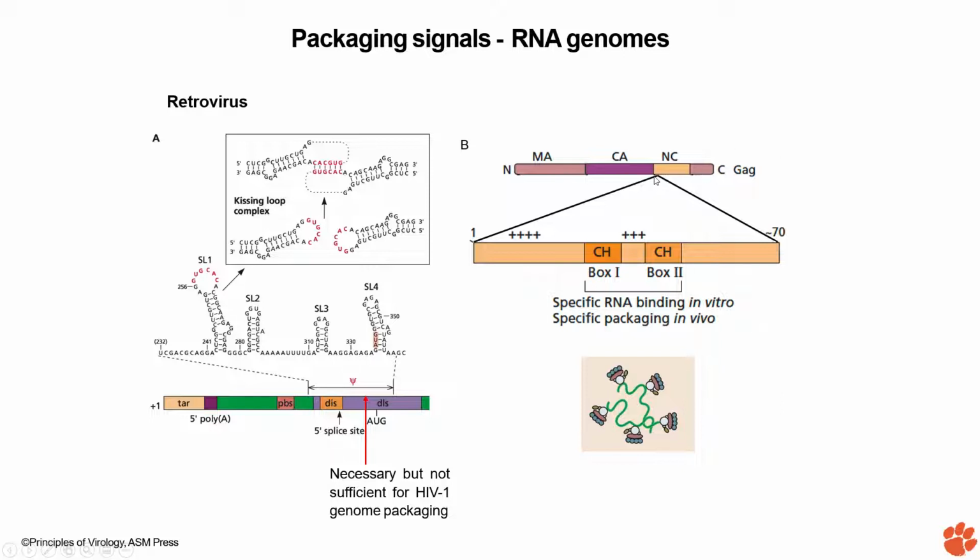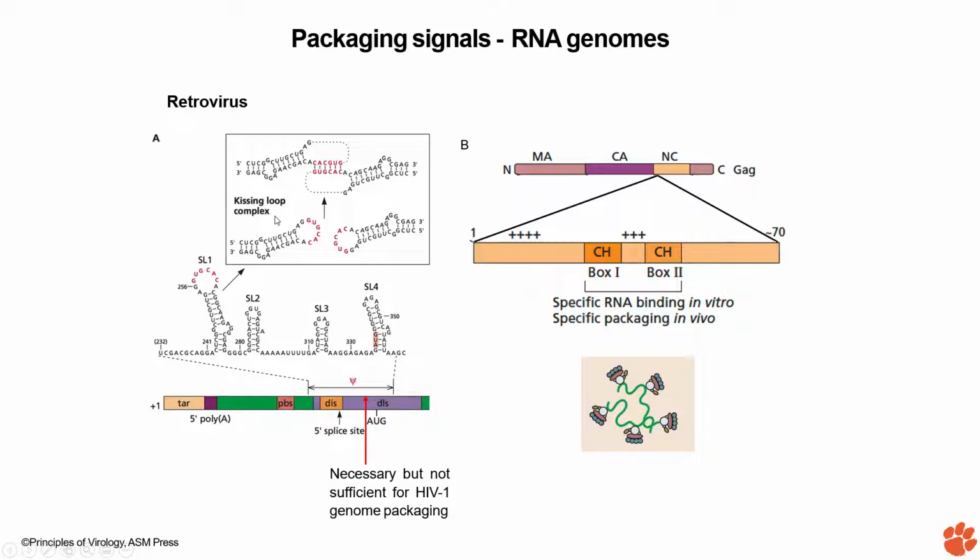So in the nucleocapsid protein right here, you can see that there are some positively charged amino acids, and there are two boxes with cysteines and histidines, usually 3 cysteines and 1 histidine. This specific RNA binding site basically binds to the specific areas of the RNA to package them inside the virion as well. And here these are the different stem loops that we have seen.